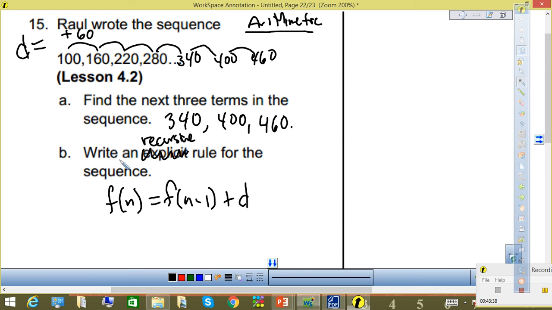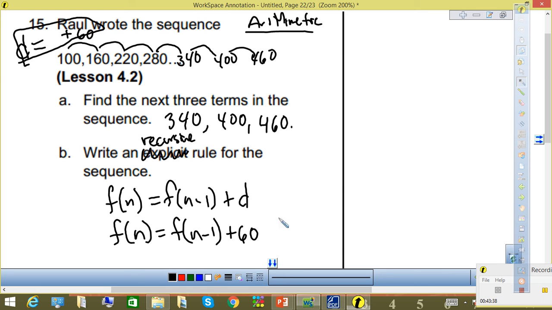However, it says write a recursive rule for the sequence, which means we need to use what? The d, which is the plus 60. So this becomes f of n equals f of n minus 1 plus 60. This is the actual rule.